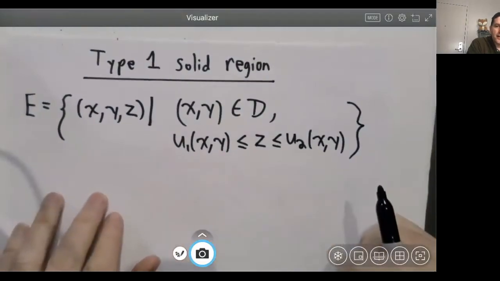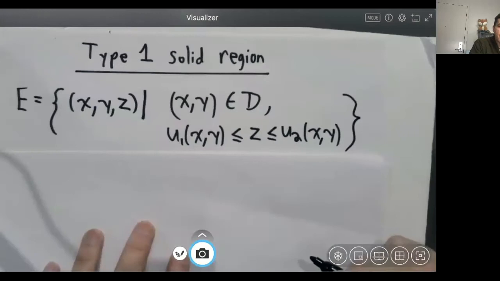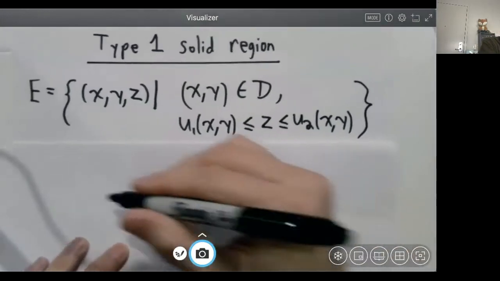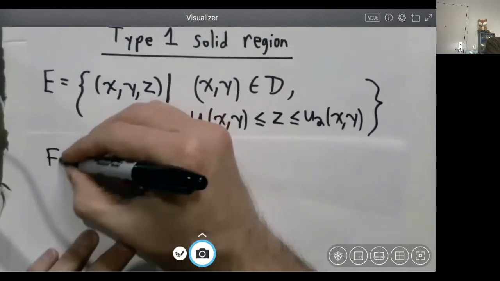Now, how do we integrate a function of three variables over a type 1 solid? Here's a fact that will tell us how.